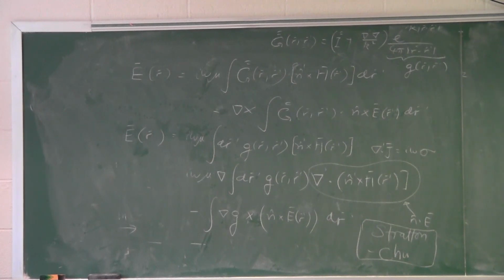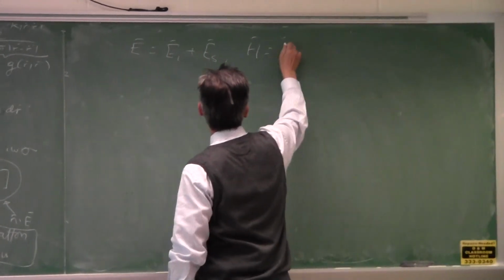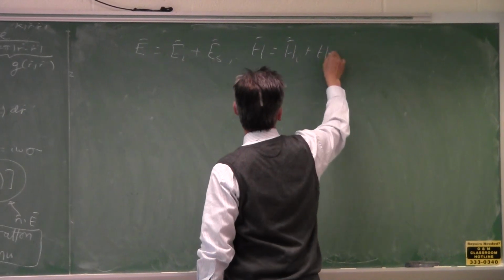So everybody starts with the total field, I mean the incident field plus the scattered field. The H total is incident plus scattered.